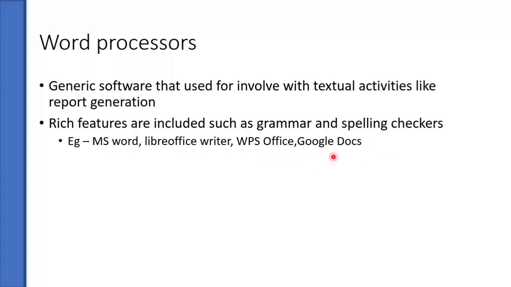I'm speaking about Microsoft Word, and LibreOffice also supports the same way, and there are others that might work. Currently everything has rich features, like grammar checking and spell checking, and not only that, you may also see word suggestions, where the next word is suggested by the software.